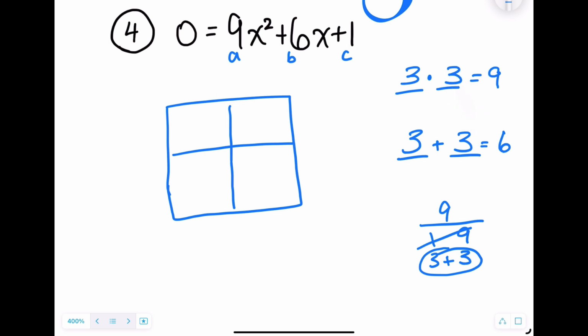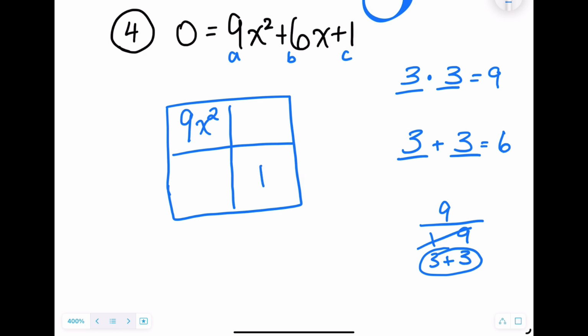So now, in the top left box, we always write down our leading coefficient and variable. So we have 9x squared that always goes here. And then the C term goes at the bottom right.